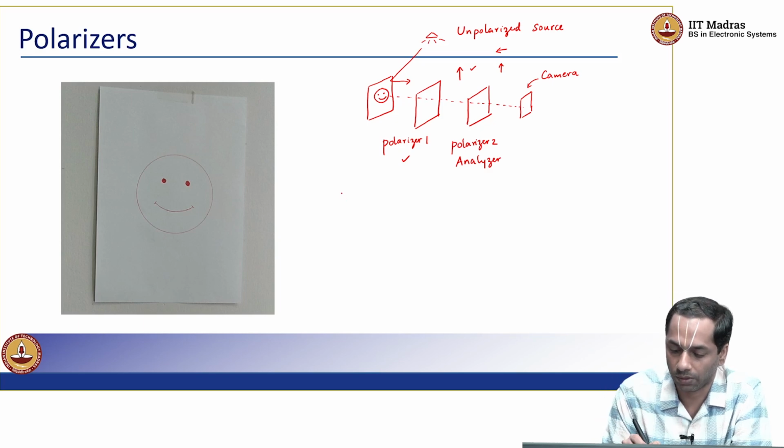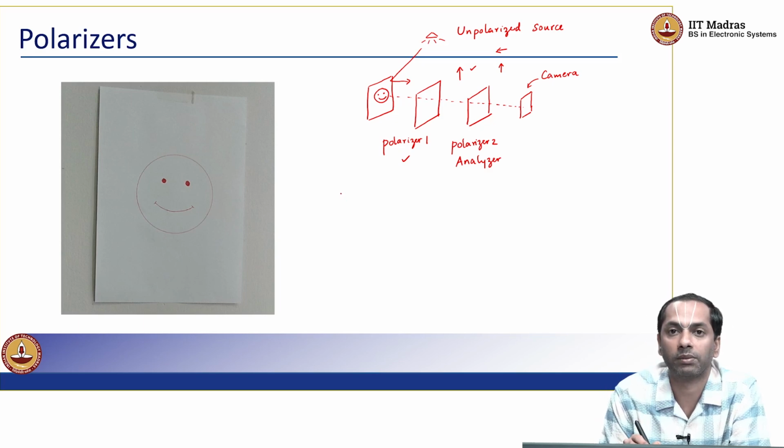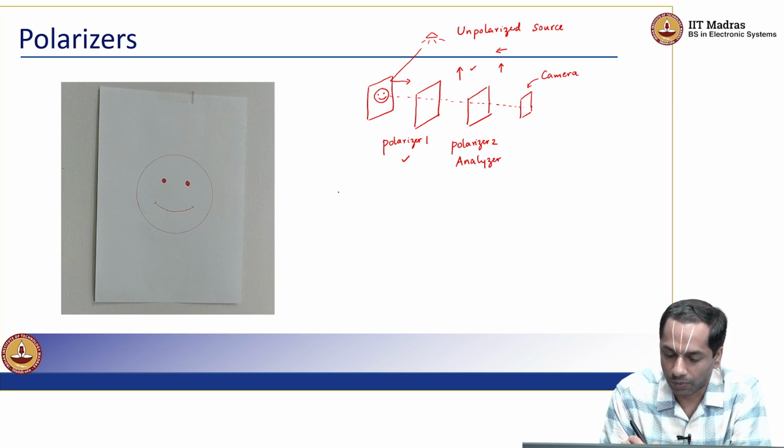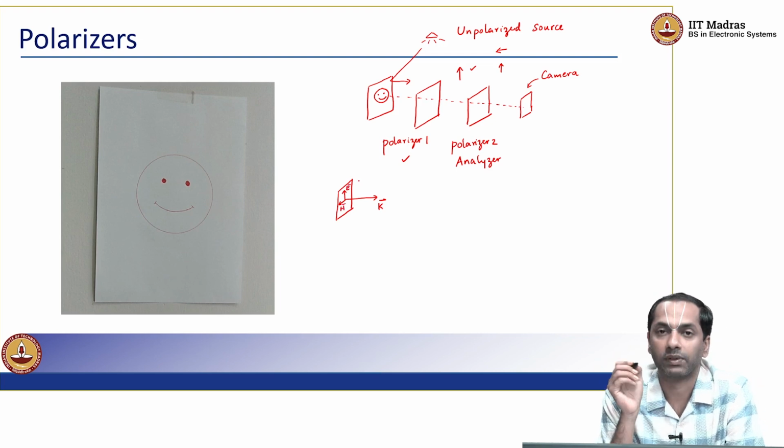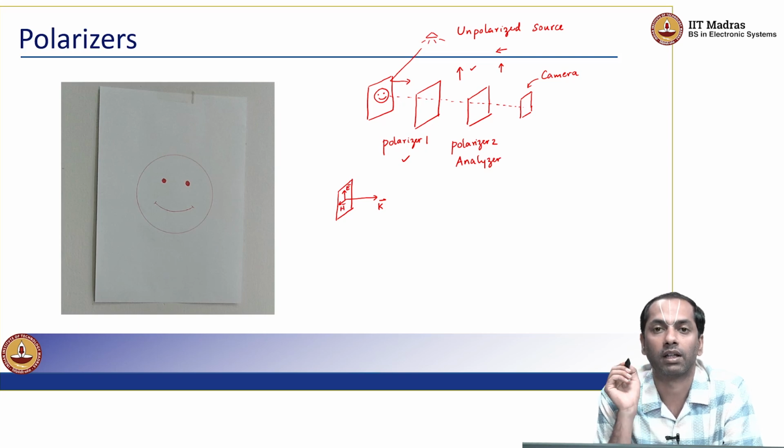So, if I were to look at the planes of constant phase, for a plane wave, we said that if this was the k vector, I had my E and k. And if the electric field vector was aligned to any one particular axis, we said that it was a linear polarization.